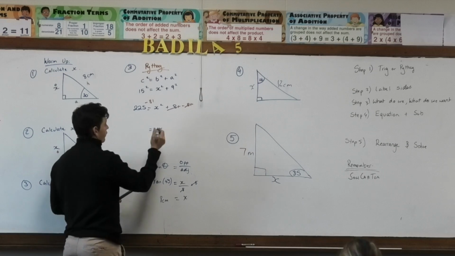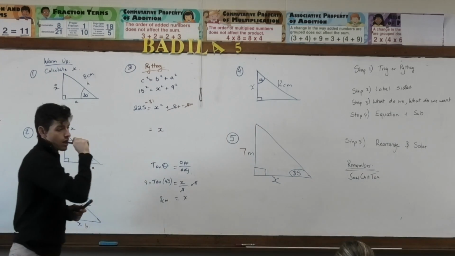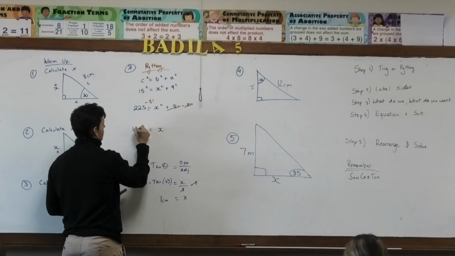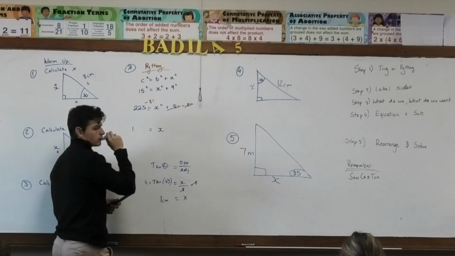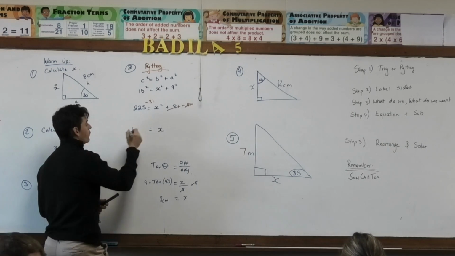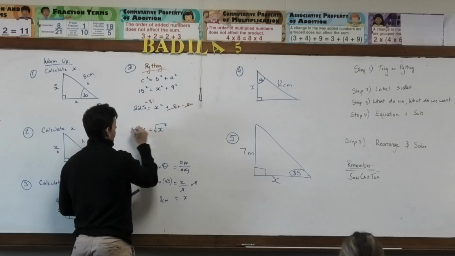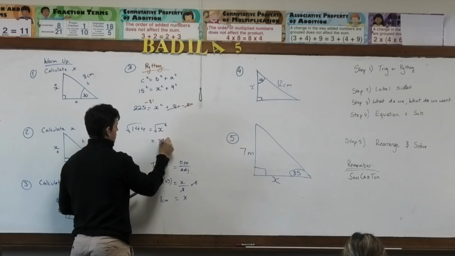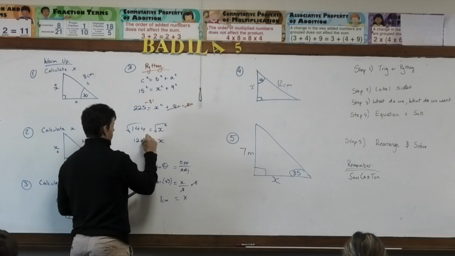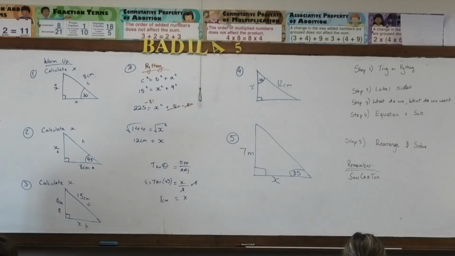So what is 225 minus 81? 144, that makes sense. And then you can square root it. So I square root both sides. X equals 12 centimeters. You got that? Well done.